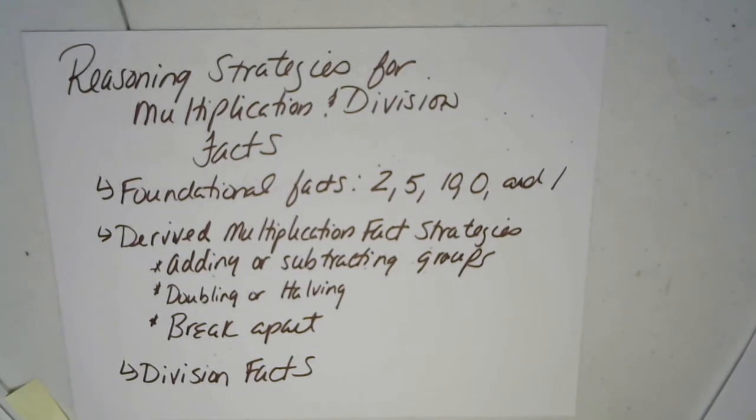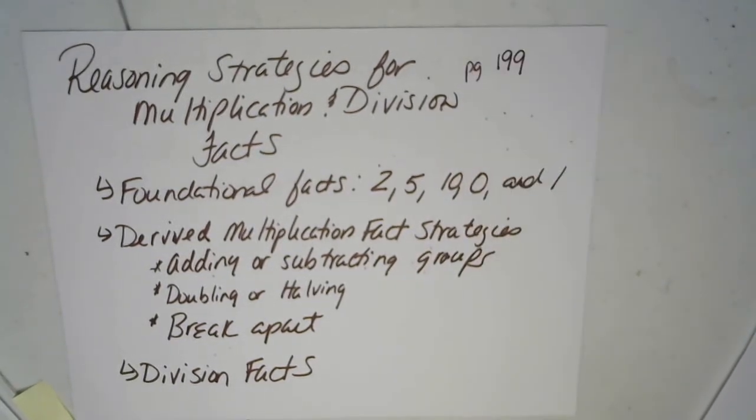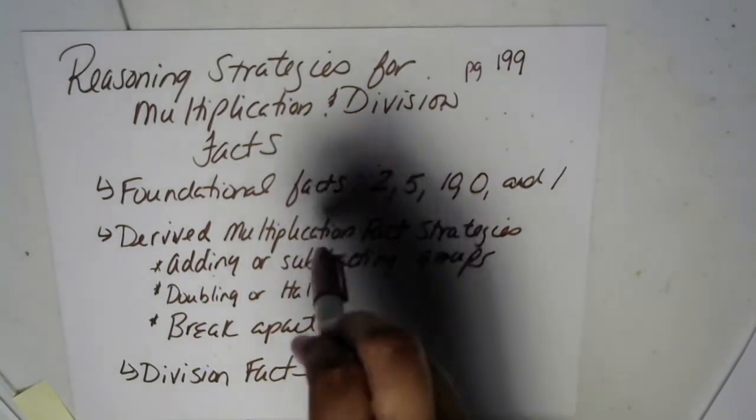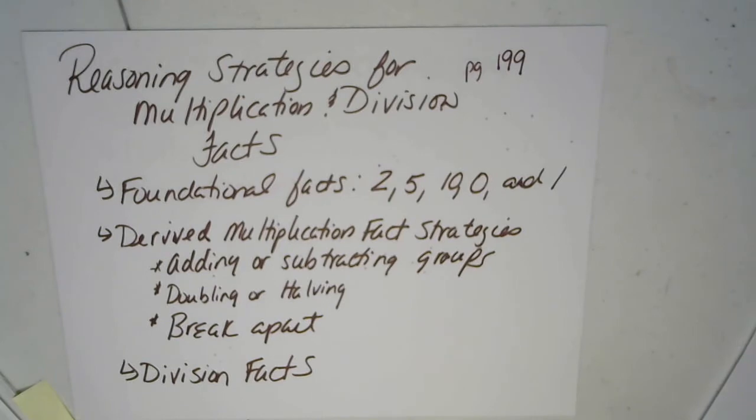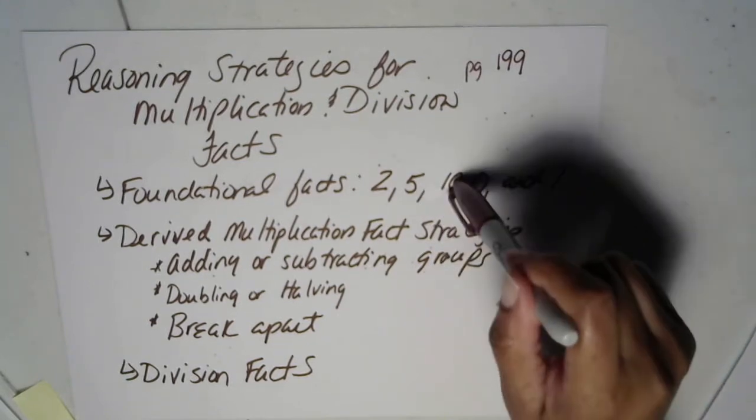Then we have reasoning strategies for multiplication and division. This begins on page 199. We have our foundational facts. A good place to begin multiplication facts is with the 2s, the 5s, and the 10s.